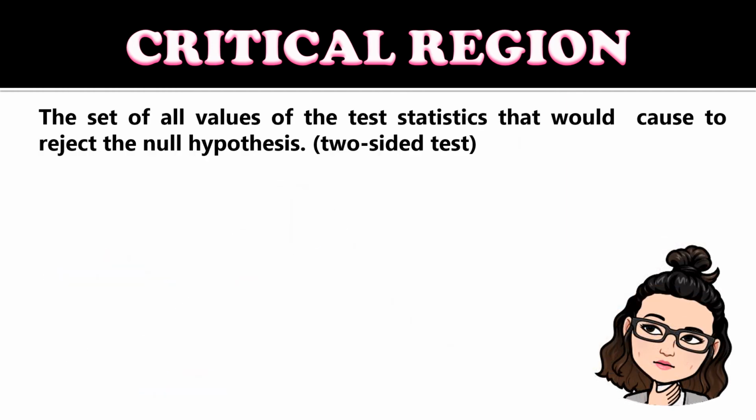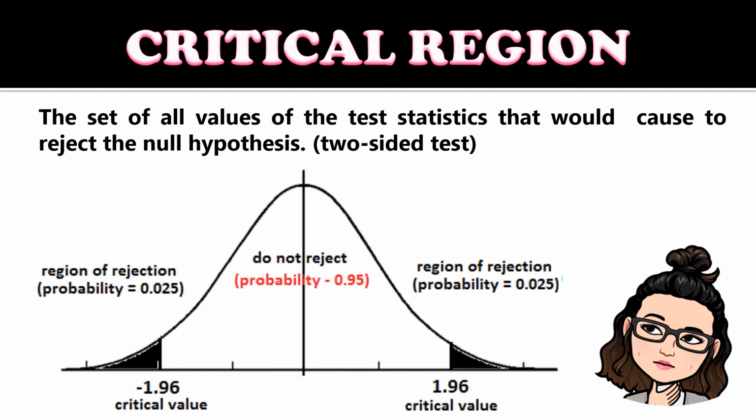Then next we have the two-sided test. We still have alpha, which is 0.05. The probability of getting rejected on the left side is 0.025, and on the right side is 0.025. That is the rejection region. For the critical values, we have positive and negative 1.96.